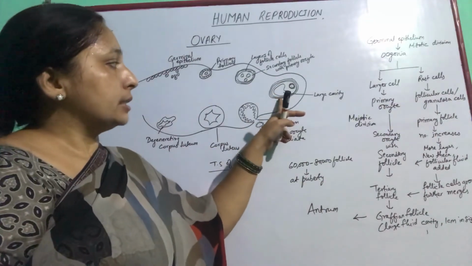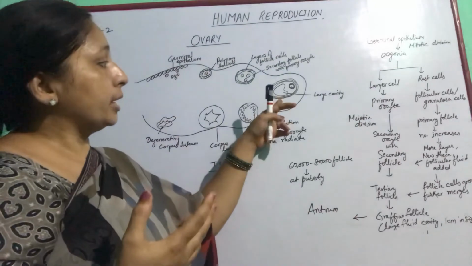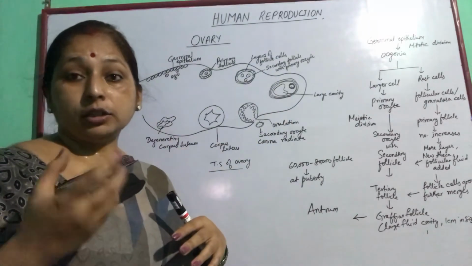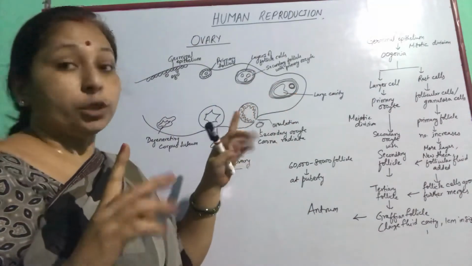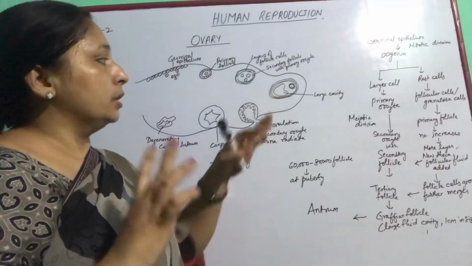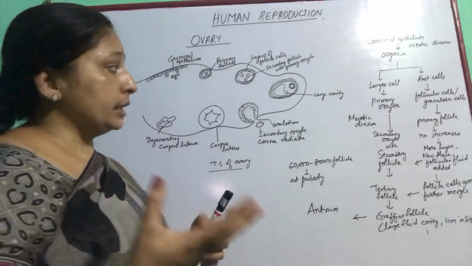In the next step, the follicle cells merge together and form a large cavity termed the antrum. The cavity is filled with a fluid called the follicular fluid, and the secondary oocyte is present within the antrum. The same follicle increases in size.